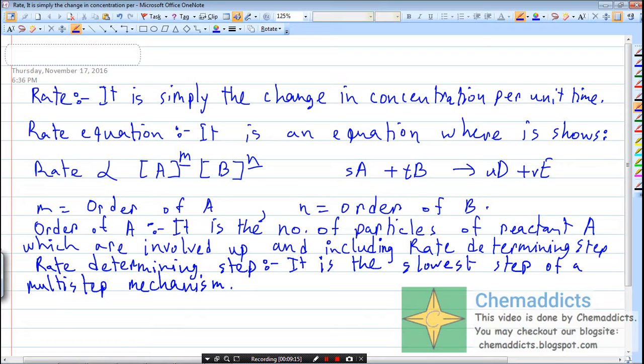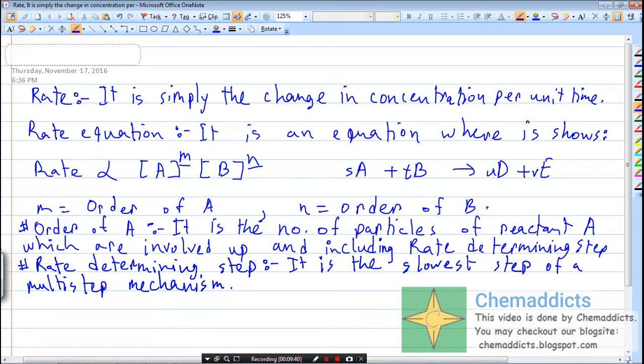Since the rate of that step is really slow, we can follow the rate. That's why it is called the rate determining step. I hope you have understood what is meant by a rate determining step. So this is how it goes.